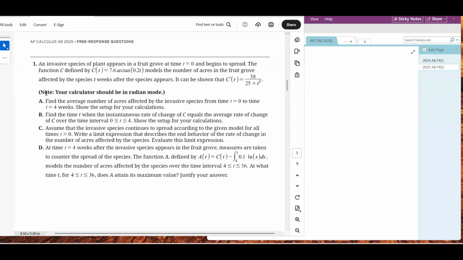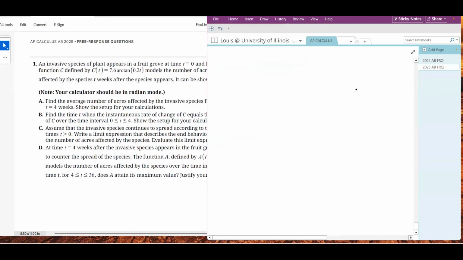Okay, so part A: find the average number of acres affected by the invasive species from time t equals 0 to time t equals 4 weeks. Show the setup for your calculations. Because we're dealing with average, I'll write 1A.